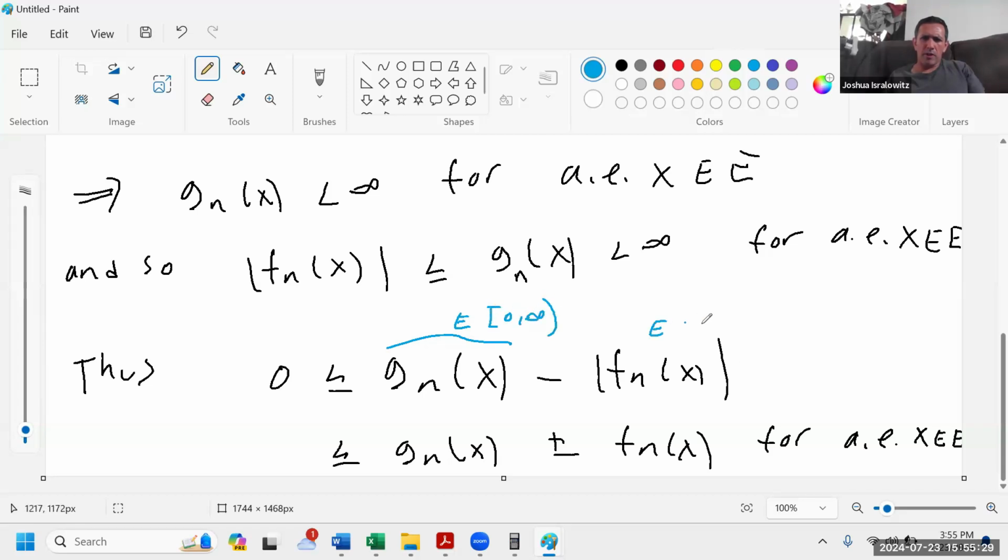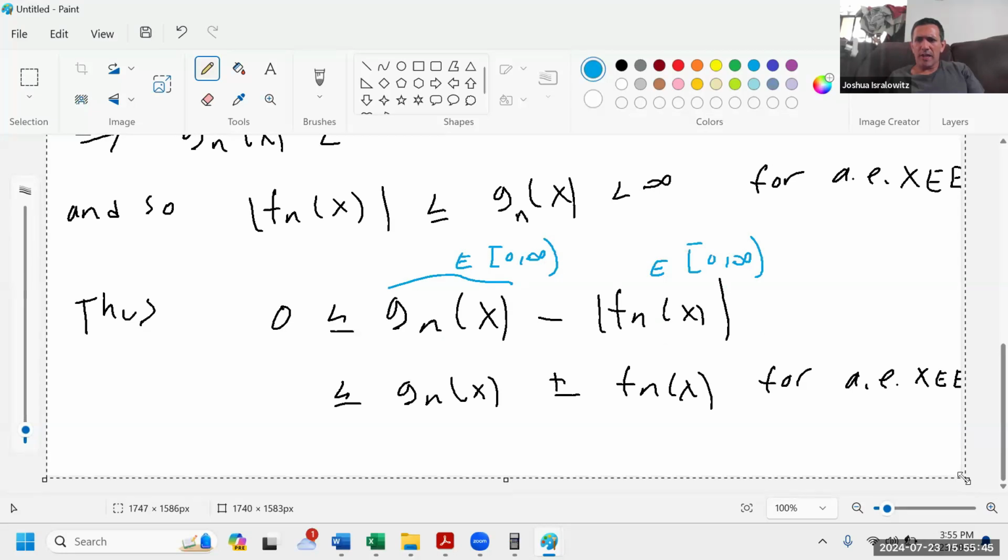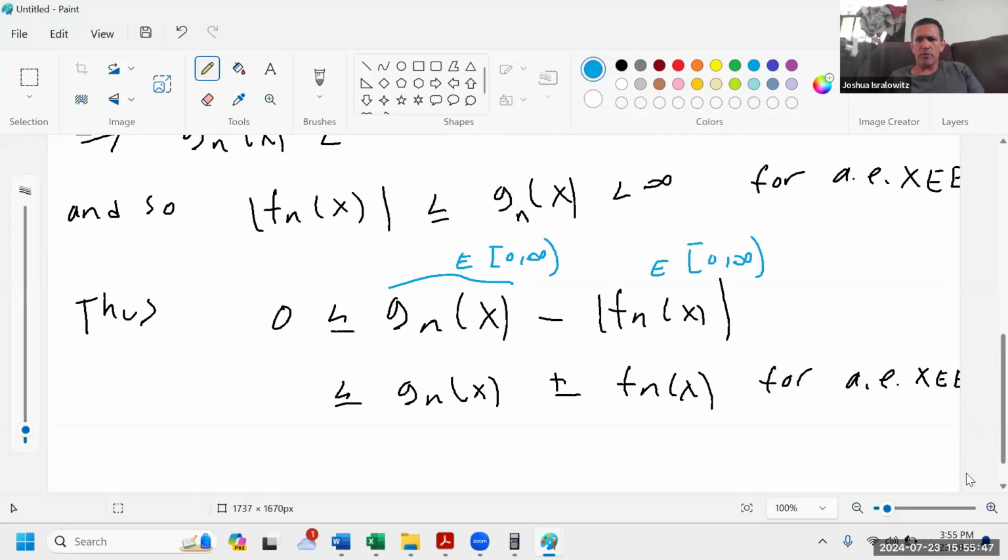Both of these are non-negative real numbers almost everywhere on E, so it makes sense to subtract them. We're not doing infinity minus infinity. So everything has meaning here for almost every x in E. That kind of got cut off a bit.